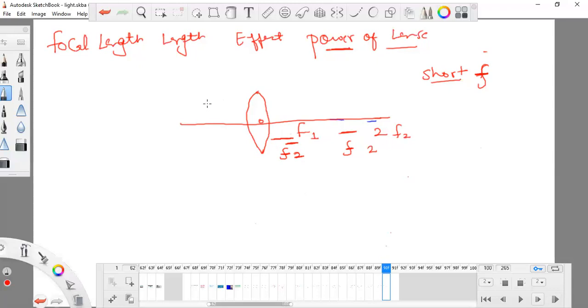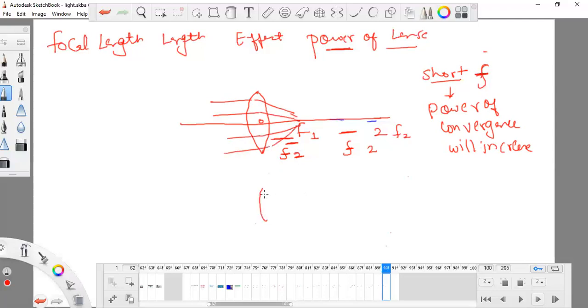If it has a short focal length, the power of convergence will increase. That means if it has a 2 centimeter focal length, it will converge all the light rays very effectively.